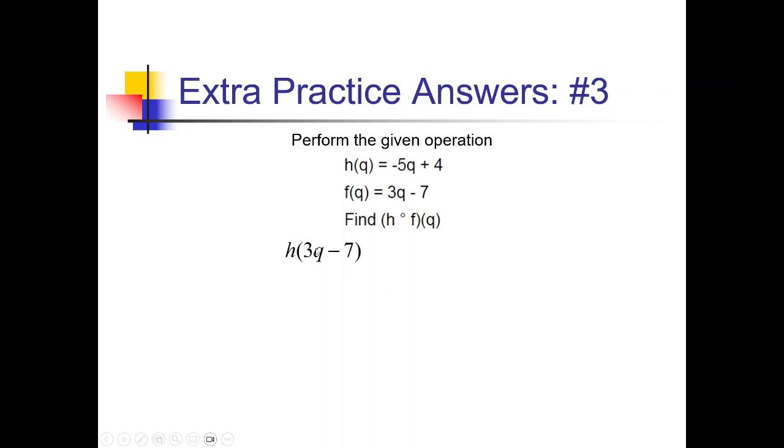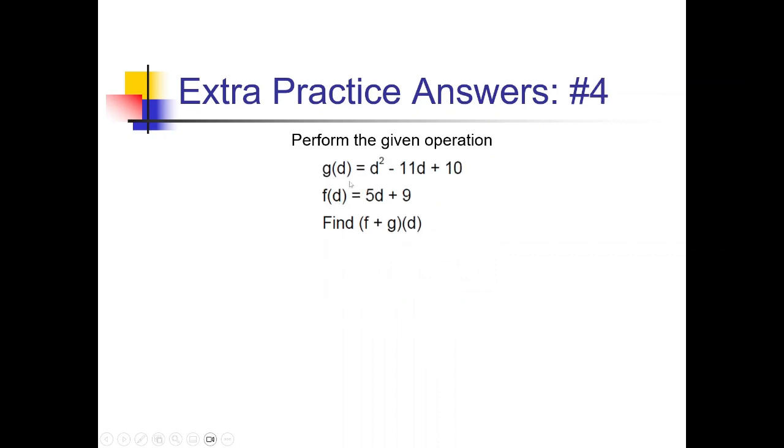So I'm doing h of 3q minus 7. So that's going to be negative 5 parentheses 3q minus 7 plus 4, just erasing and replacing q with 3q minus 7. Next, I'll distribute. So that's negative 15q plus 35 plus the 4 that was already there. And that simplifies to negative 15q plus 39.